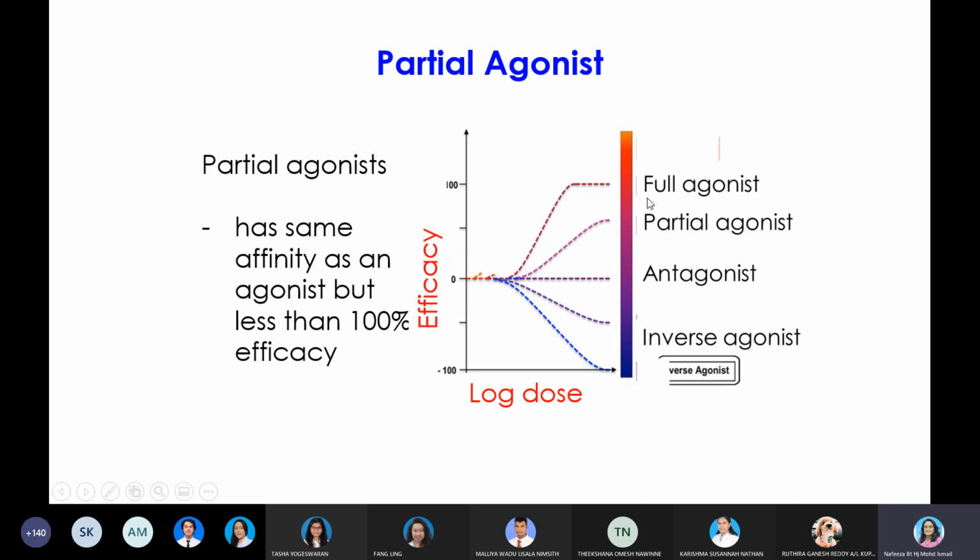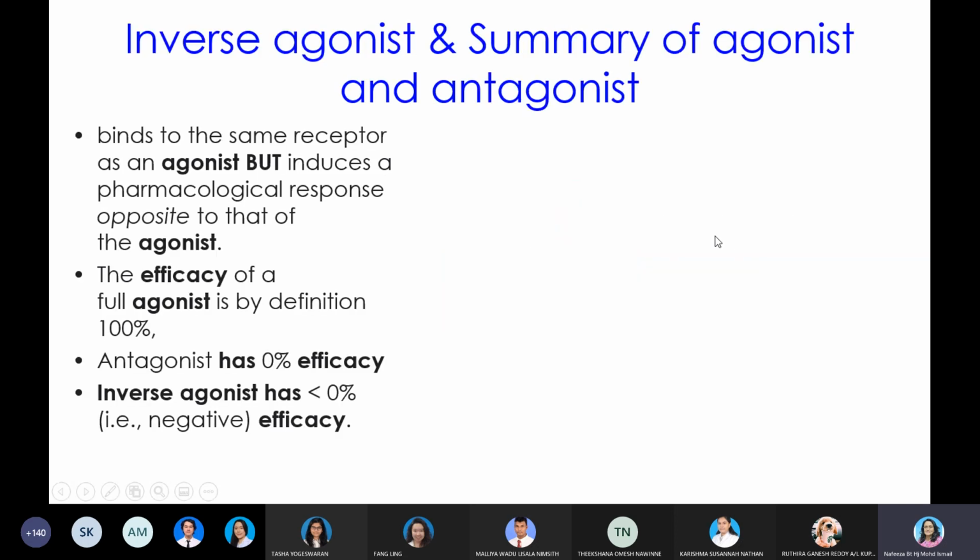Even if it's 99%, we call it a partial agonist. You will know the implications tomorrow when we talk to you about the dose response curve.